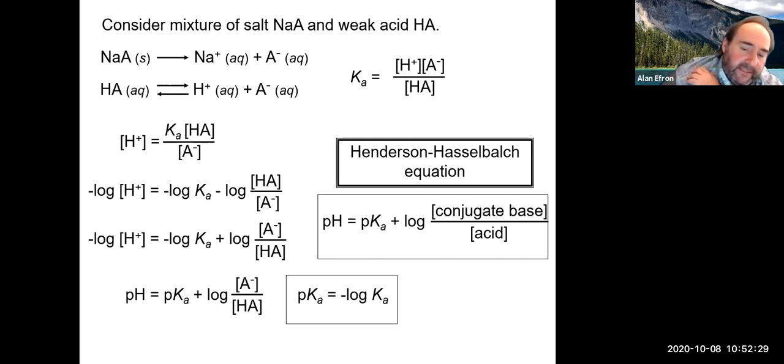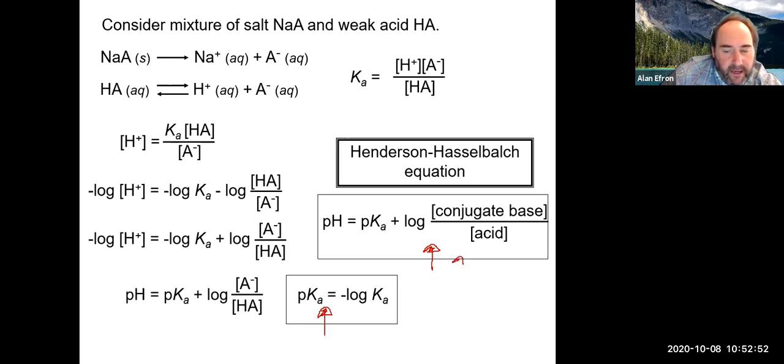This is what is known as the Henderson-Hasselbalch equation, which is the pH is equal to the pKa value plus the log of the conjugate base divided by the acid. To solve for the pKa value, it is the minus the log of the Ka value.